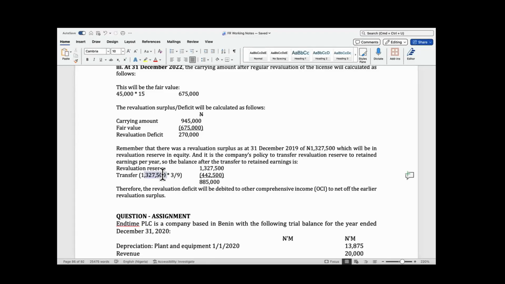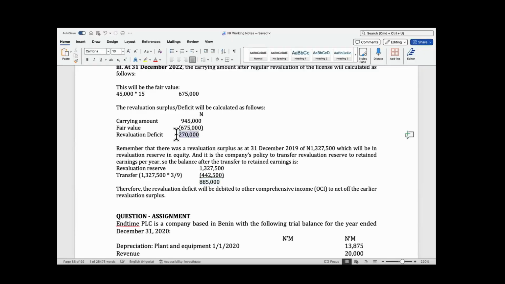So that surplus, they will have transferred a cumulative of this, because the way I taught you, it is the surplus divided by the remaining useful life, which was 9 years. So they have transferred for 3 years, and cumulatively they transferred this total. So as at the end of 2022, the balance in the reserve will be this, because they will have transferred quite a lot out.